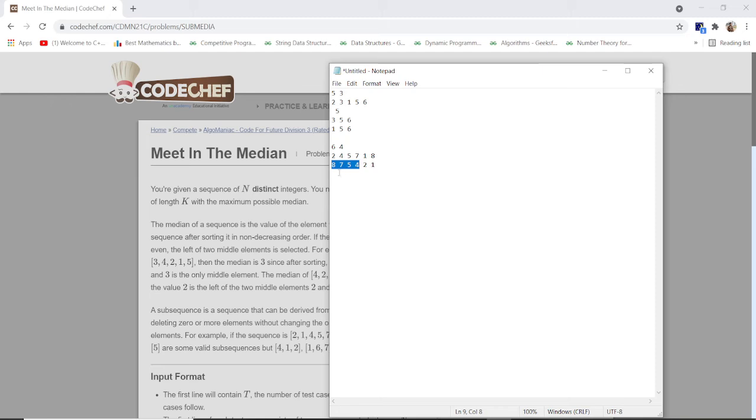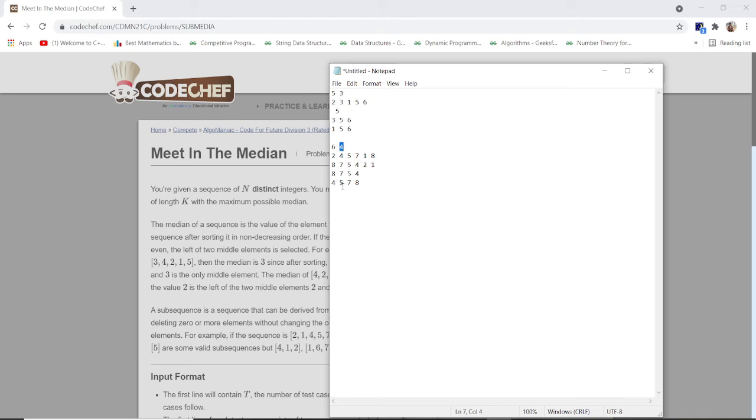So I take these 4 values: 8, 7, 5, 4. Now I have to check the median value here. To check the median value, I reverse them again, so it will be 4, 5, 7 and 8, right? In this case the length is even. This is not odd.